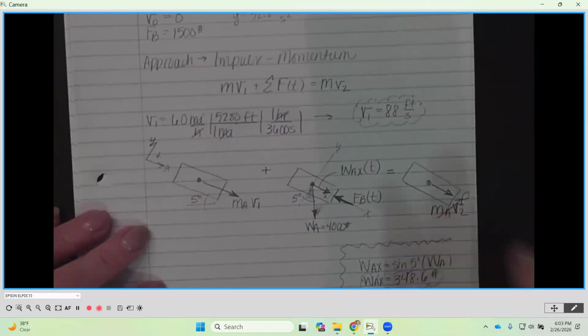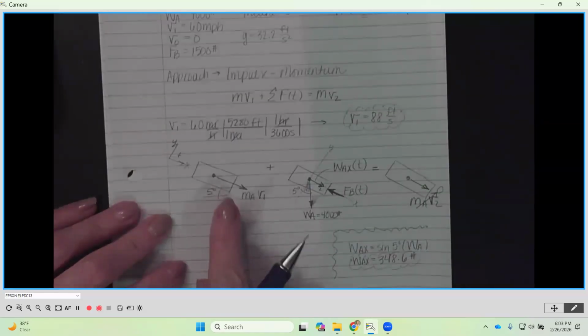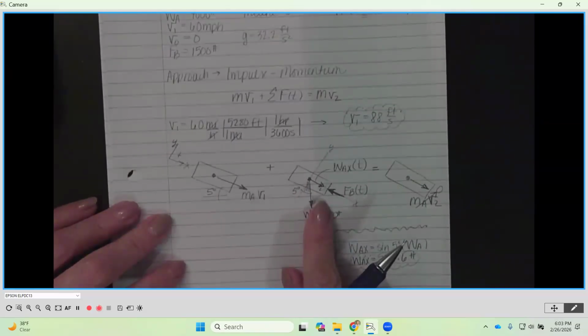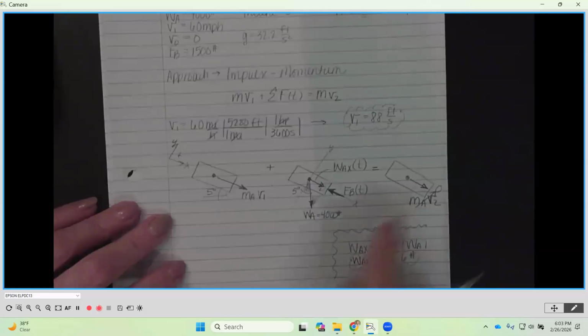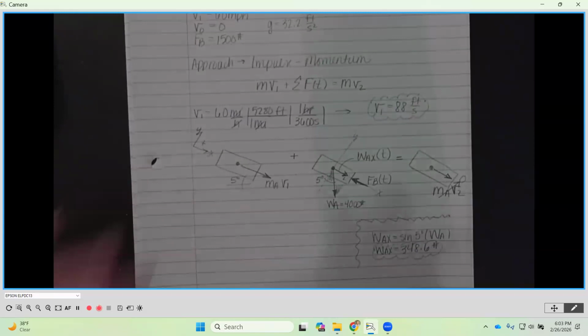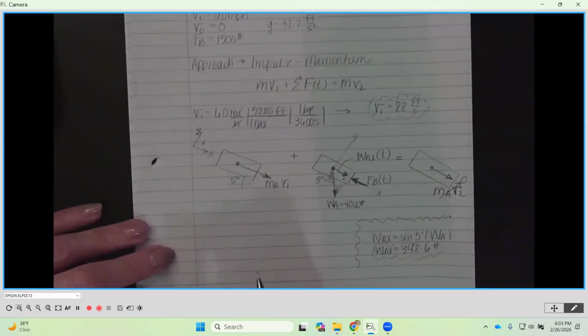That means there's not going to be momentum in the end because we brake all the way to a stop. So that's set equal to 0, right? So momentum 1 plus impulse is equal to momentum 2.